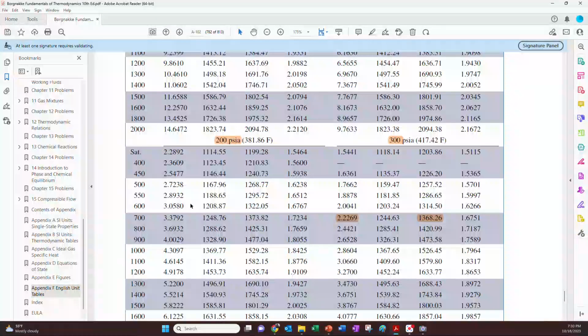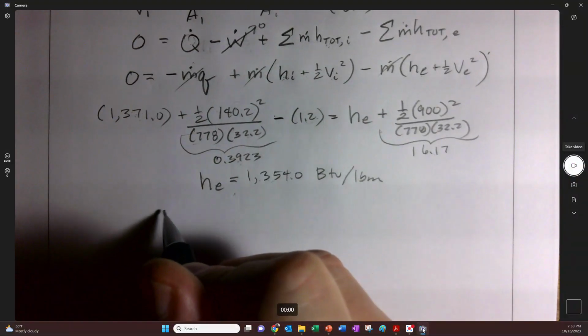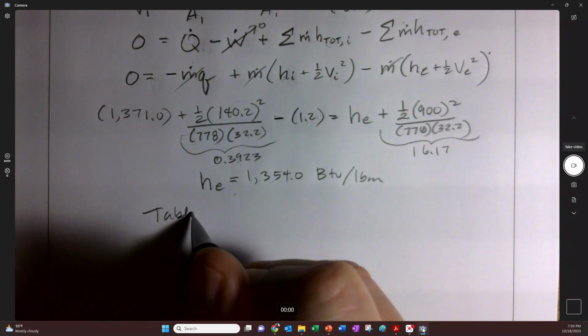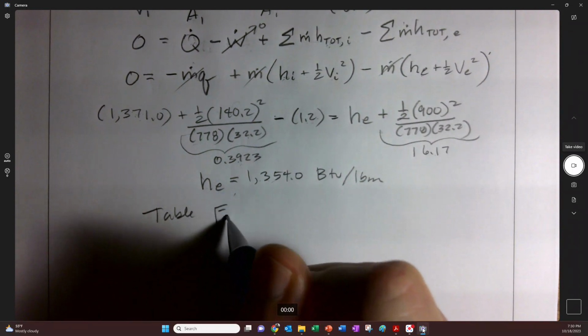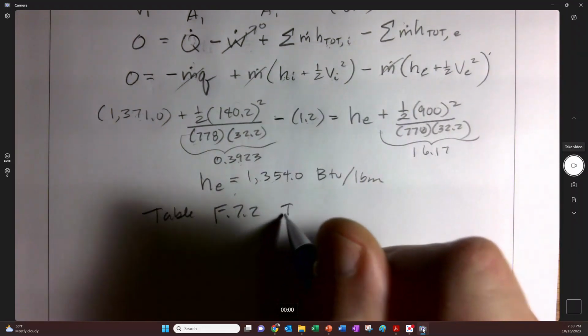So anyway, we're at 1,354. 1,300, there you go. We're in between there, somewhere between 600 and 700. So we can interpolate out of that. If you interpolate it, you know, we could be lazy, table F.7.2 interpolate.